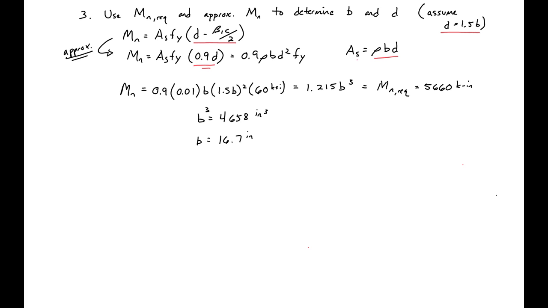So we'll remember that our D is equal to 1.5 times B, so we'll get our D to be 25 inches. And now we're going to round our B down in this case to go with a B of 16 inches. So our starting dimensions here are going to be a B of 16 inches and a D of 25 inches.